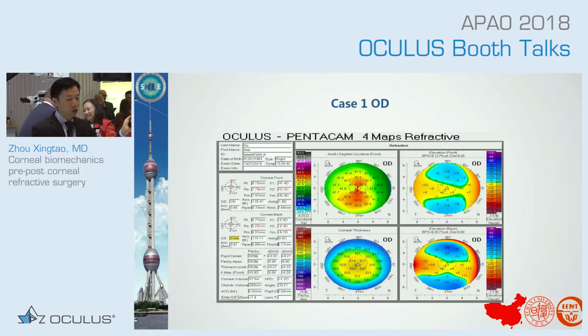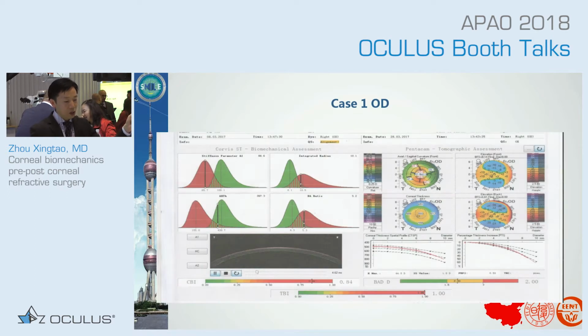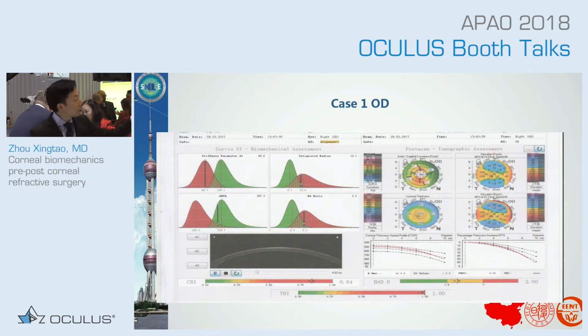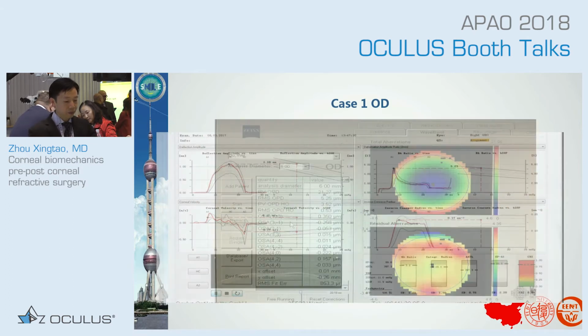Another patient, for example, case 1: if we only look at the topography, we may have no idea about the subclinical keratoconus, but if we do the measurement with the Corvis ST, the TBI was 1.0 in the left eye.